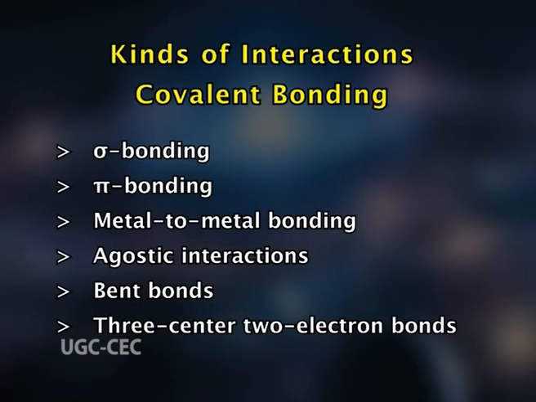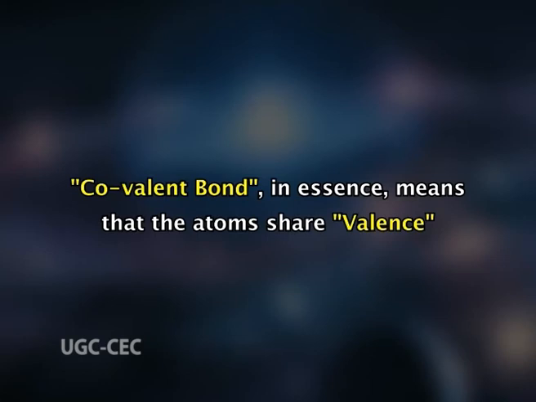Covalent bonding includes many kinds of interactions, including sigma bonding, pi bonding, metal-to-metal bonding, agostic interactions, bent bonds, and three-center two-electron bonds. The term covalent bond dates from 1939. The prefix co means jointly, associated in action, partnered to a lesser degree, etc. Thus, a covalent bond in essence means the atoms share valence.